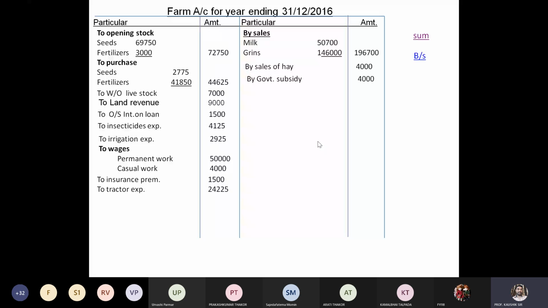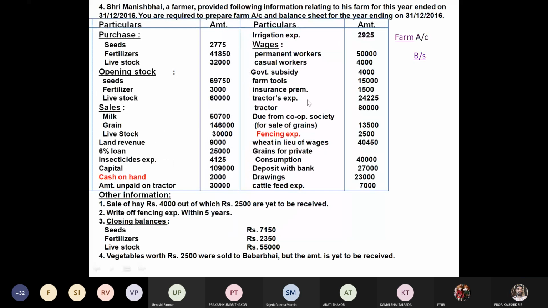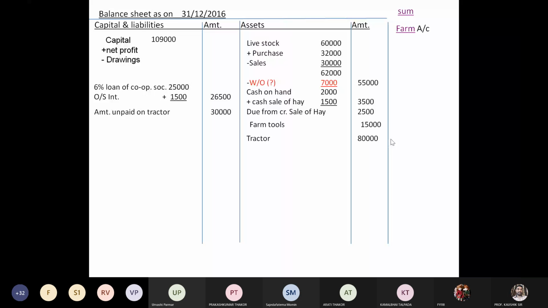Go to the sum again. Due from cooperative society for sales of grain 13,500. It is shown in the balance sheet. Tractor 80,000, due from the cooperative society 13,500.